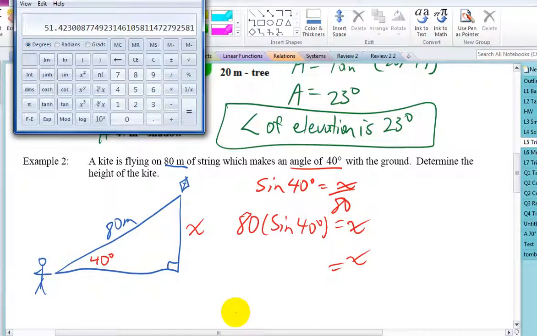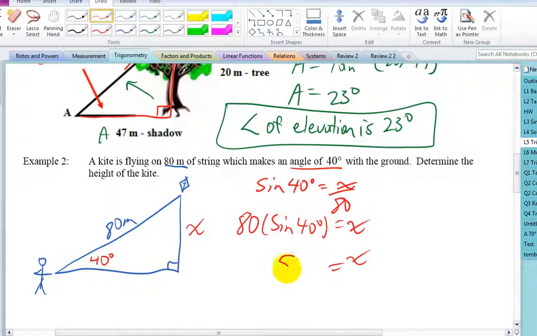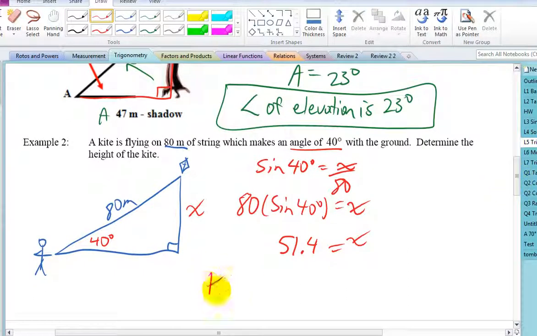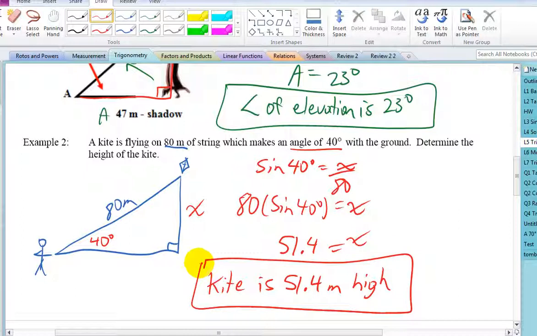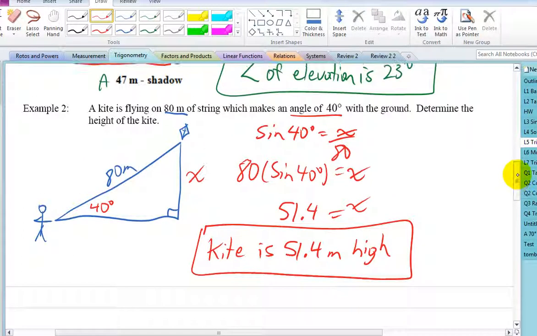And so our answer should be 51.4. Is that right? Okay. Short little sentence: kite is 51.4 meters high. Good job with the units. Okay. Little box around it so it's easy to see. And you get awesome marks.